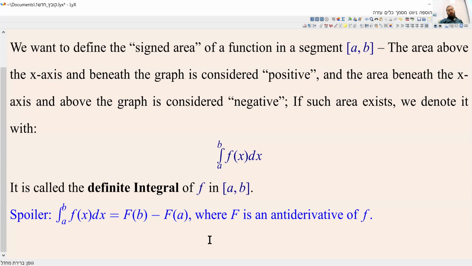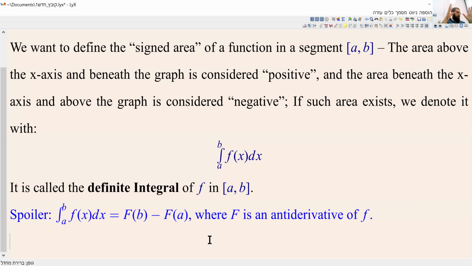One must remember that the indefinite integral, finding the antiderivative, and the definite integral, which we're going to define now, the signed area between the graph and the x-axis, are completely different. The connection between them is actually a wonder. What does the derivative have to do with the area? We'll see it, but only in lecture number 6.